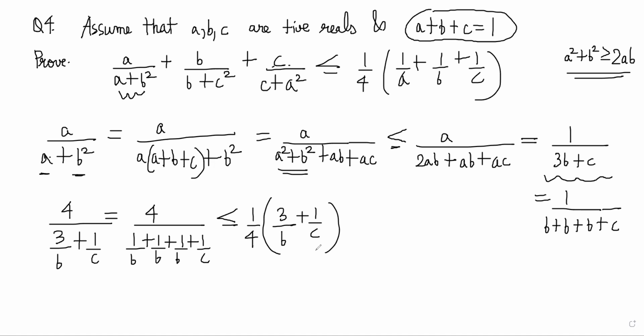So from here we can say that we have A by (A plus B) square is less than or equal to 1 by (3B plus C).